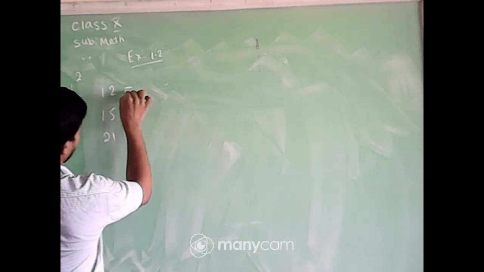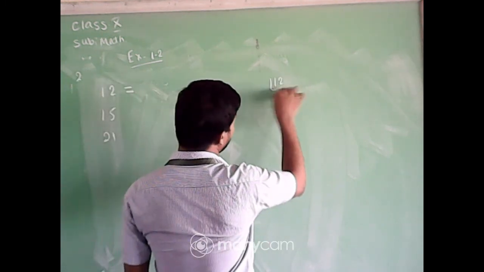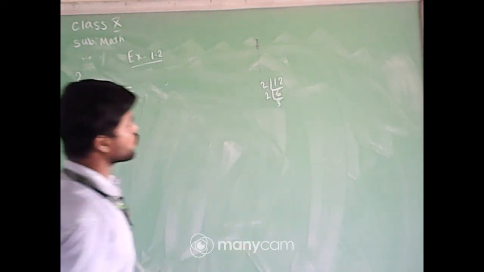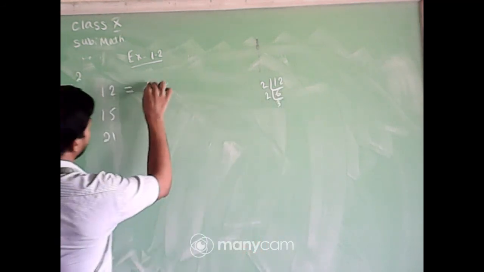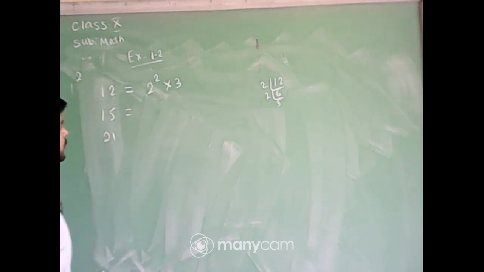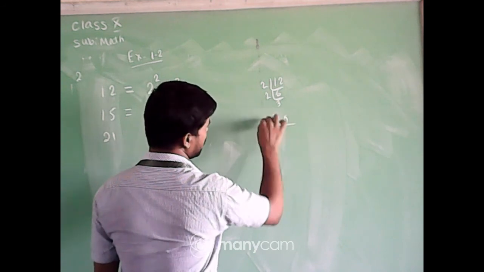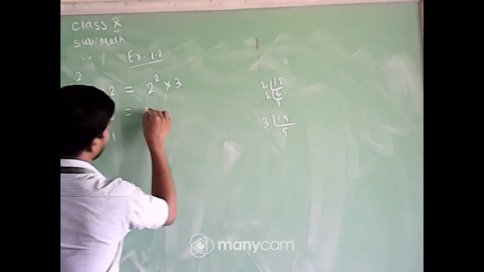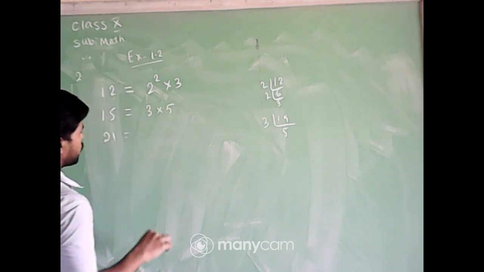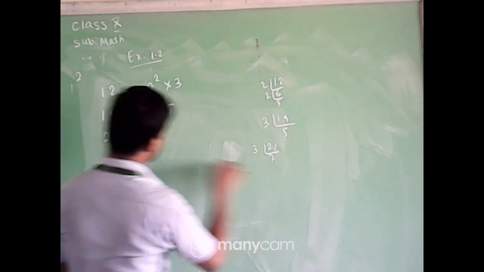First express 12 as a product of primes. 12 is equal to 2 into 2 into 3, which is 2 square into 3. 15 is 3 into 5. And 21 is 3 into 7.